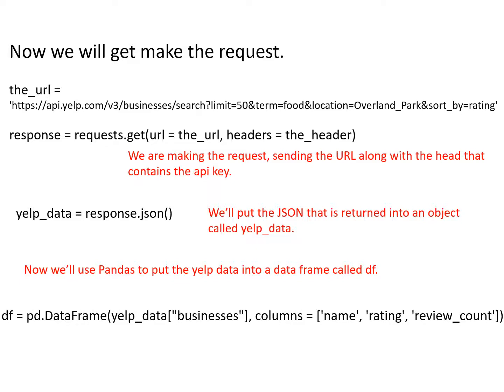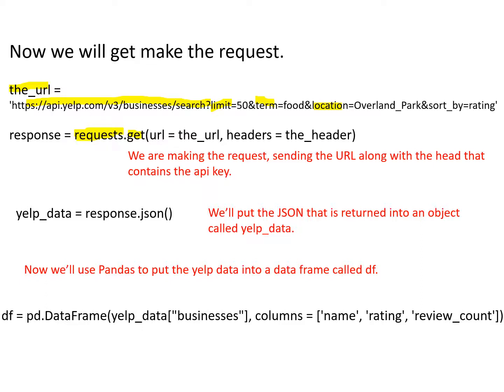Okay, so now we will make the request, but first of all, we're going to say what URL we're going to use. Again, we create another variable called the URL, and we say the URL is equal to the parameters we've decided to put in there, along with the main URL that we found off of that page. Now here's where we use this requests library that we've imported, and it has a command called get.